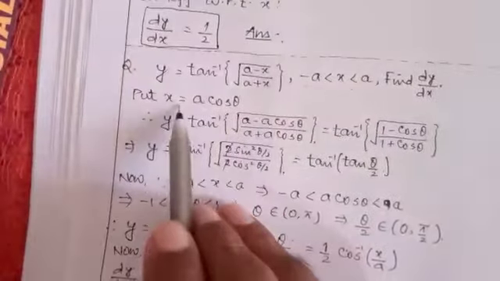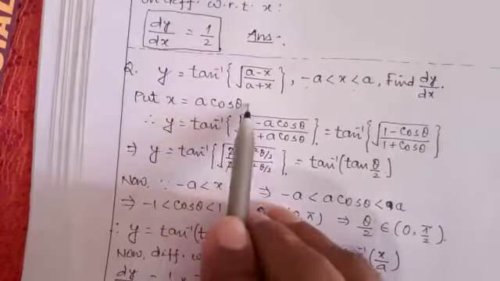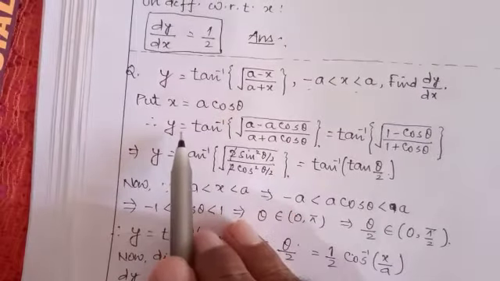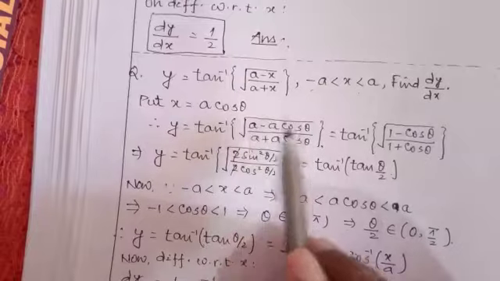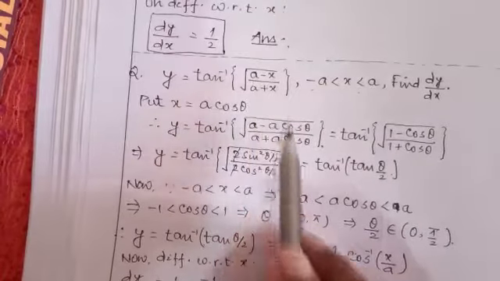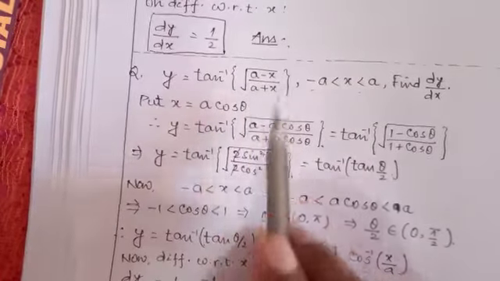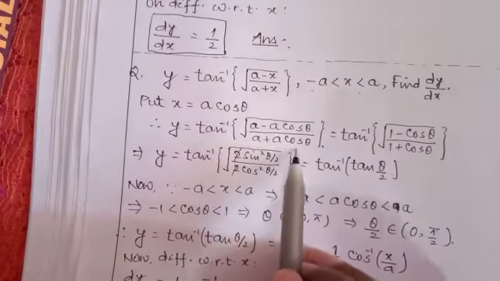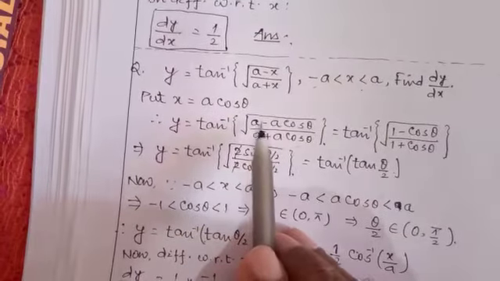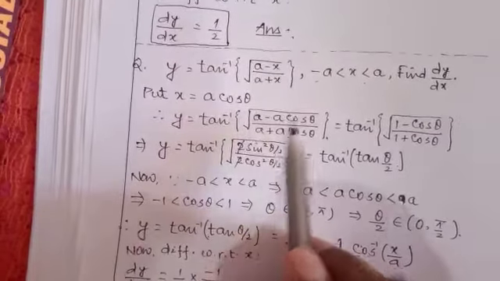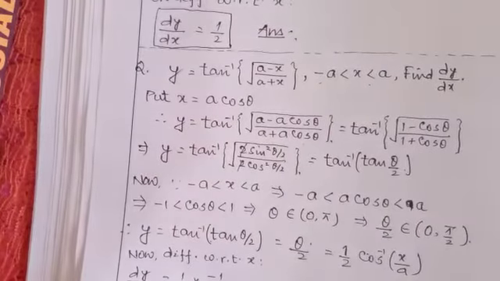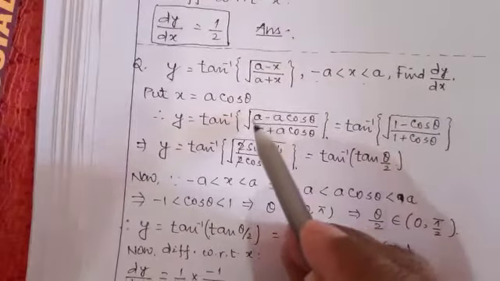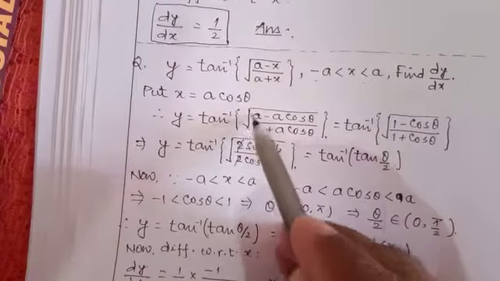Put x is equal to a cos theta, then y should equal tan inverse of under root a minus a cos theta divided by a plus a cos theta. Now take a as common in numerator as well as denominator. So these a should be cancelled.